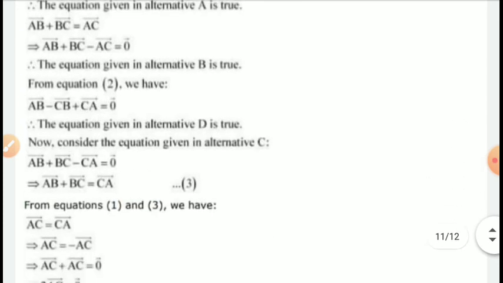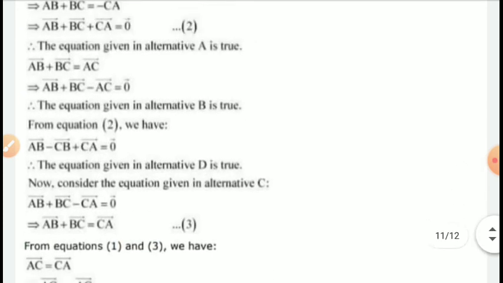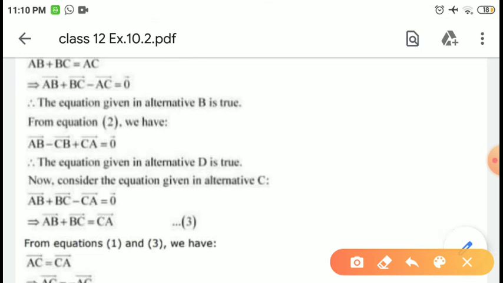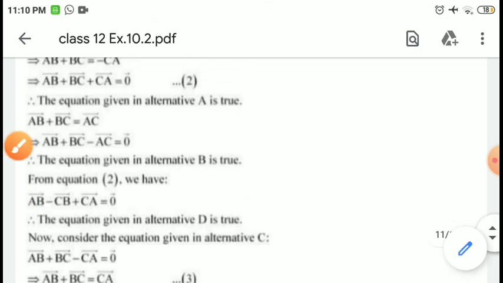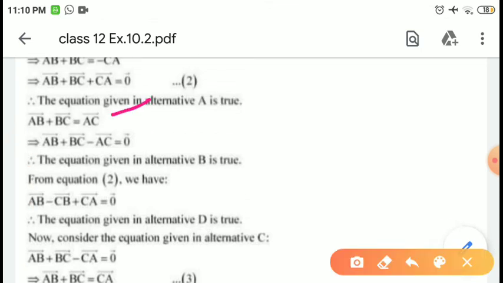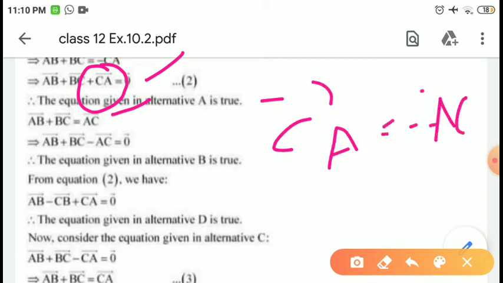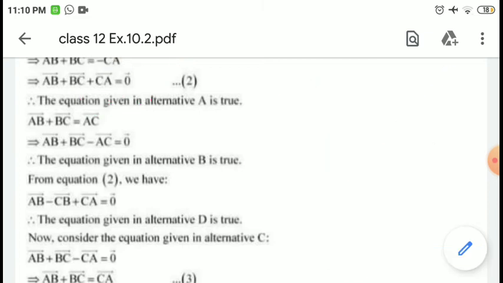Simple equation. This one you got as true, and the CA vector can be written as minus AC vector, so that's the negative vector.